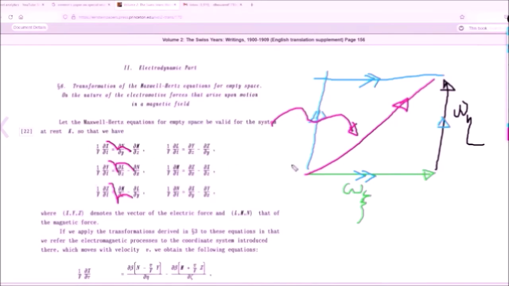And then when you reverse the equation, that is x, y and z, that is y, z and x, that is z, x and y, which means you have a curl equation, where X, Y and Z denote the vector of electric force, and L, M, N that of magnetic force.